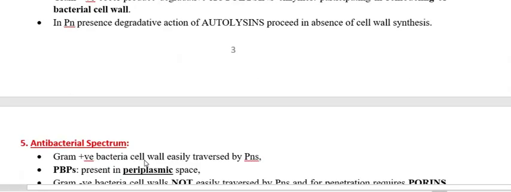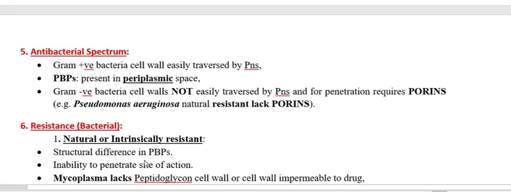Now we have to go through another subheading, antibacterial activity or antibacterial spectrum of the drug. Regarding the antibacterial activity of the penicillins, they not only act against gram-positive bacteria, they also act against gram-negative bacteria. So they are broad spectrum.